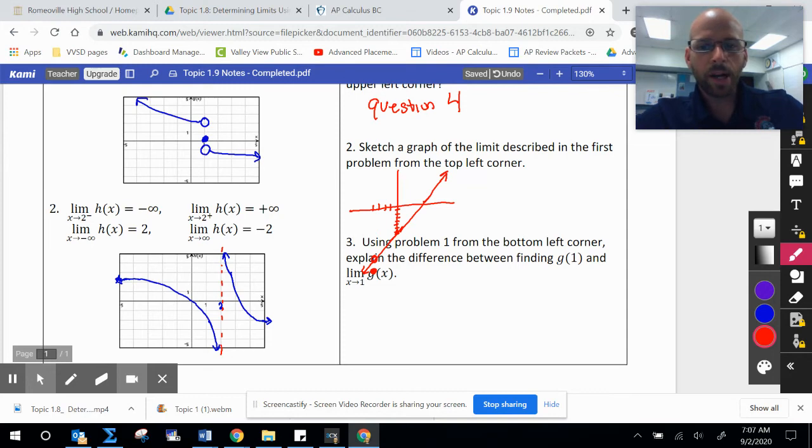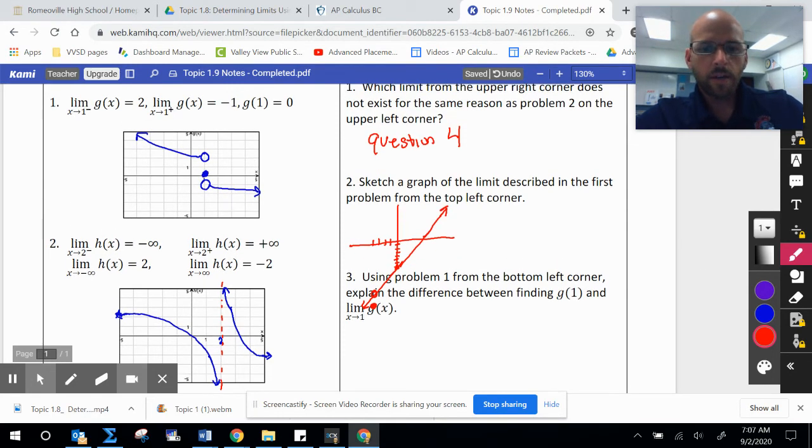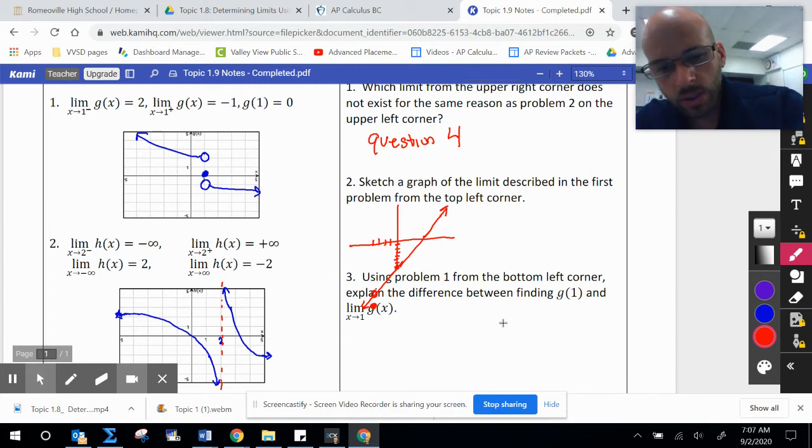Using problem 1 from the bottom left corner. Explain the difference between finding g of 1 and the limit as x approaches 1. So g of 1 is the output of g of x.